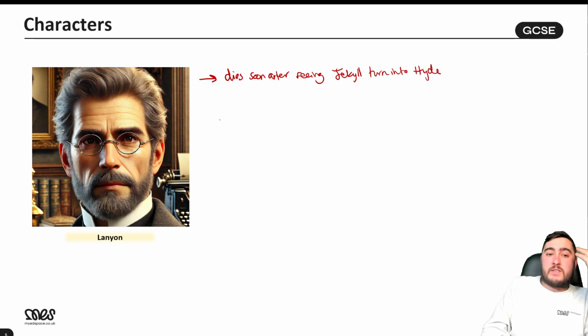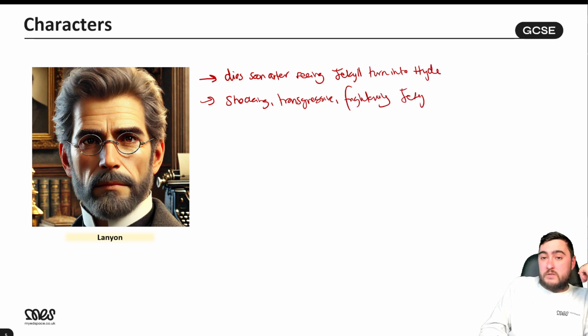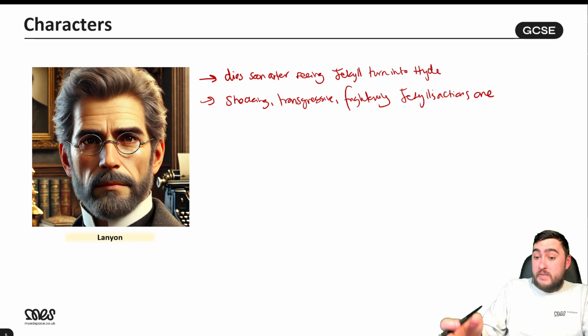But I guess this is meant to emphasize just how shocking, how transgressive, and how frightening Jekyll's actions are. If someone even like Lanyon could be so overwhelmed, then what hope is there for the rest of us?